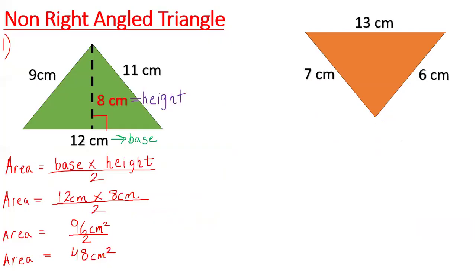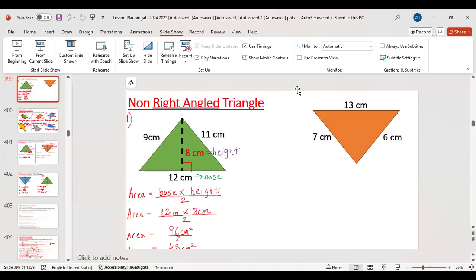Do y'all need more information, or don't you need more information? I need more information. You sure? All we have is 13, 7, and 6. Y'all say we need more information? You're missing a height. We're missing the height.